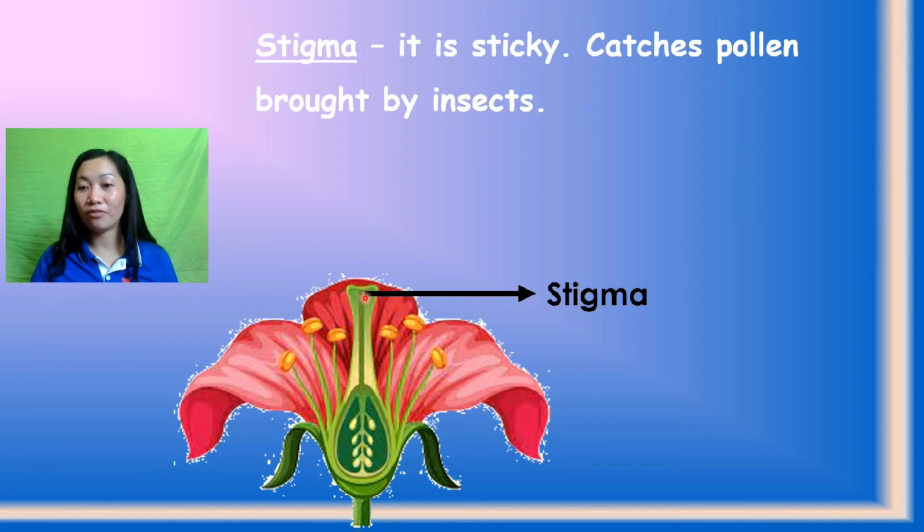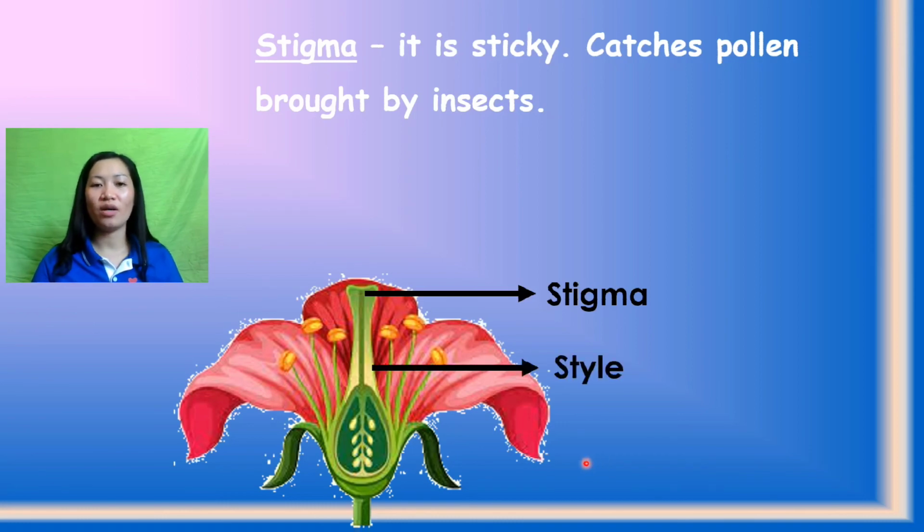So the stigma helps the flower to pollinate. This part is very sticky, which means the pollen grain will stick here.